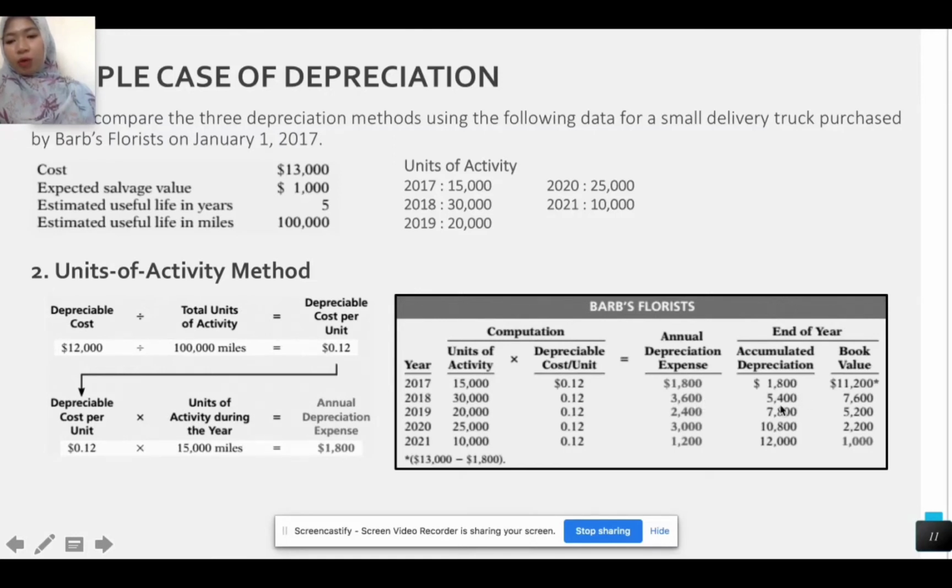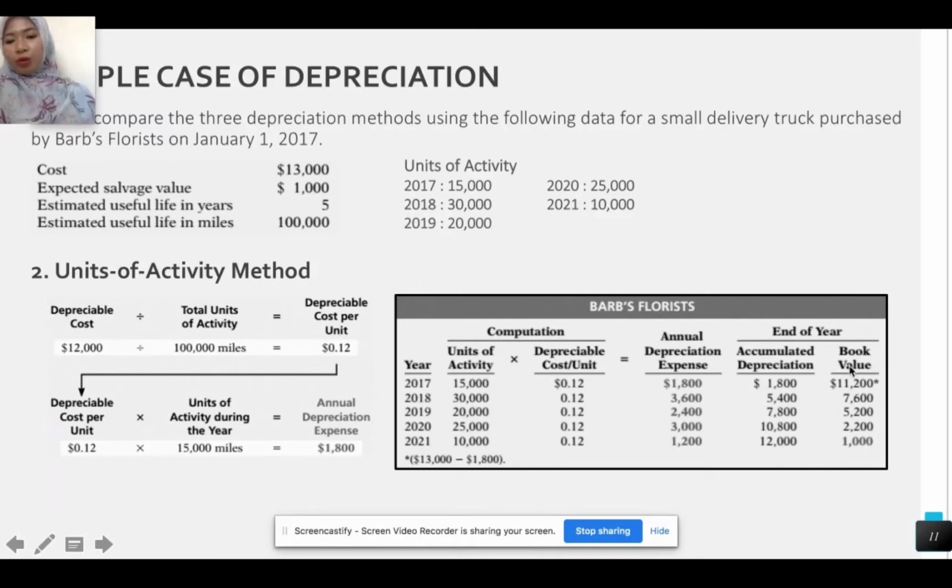So the accumulated depreciation of 2018 is $5,400. Look at 2019: accumulated depreciation is from 5,400 plus $2,400. So accumulated depreciation for 2019 is 7,800, and so on until the last year.